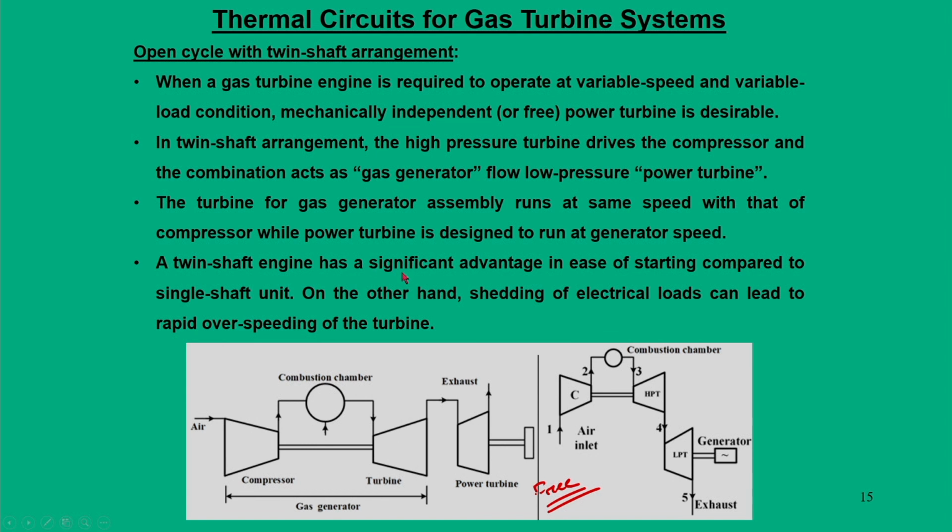A twin shaft turbine has a significant advantage, that is ease of starting compared to the single shaft unit. On the other hand, shedding of electrical loads can lead to rapid overspeeding of the turbines. So, if there is a rapid change, only the power turbine would be affected.